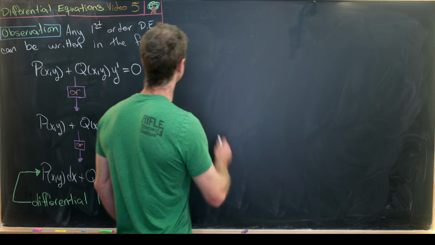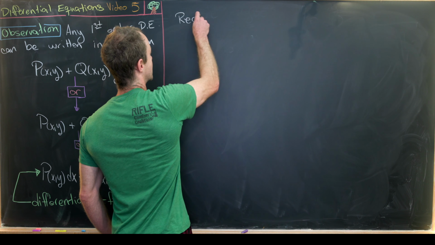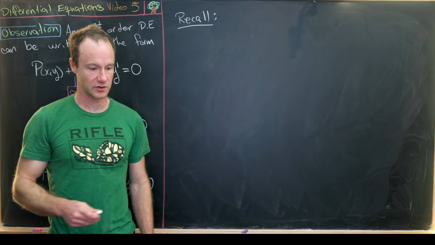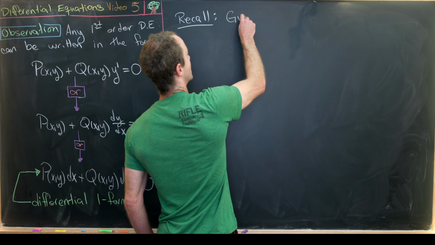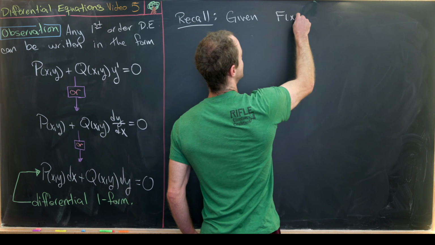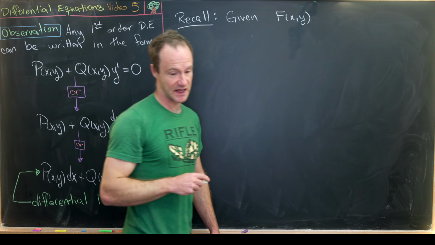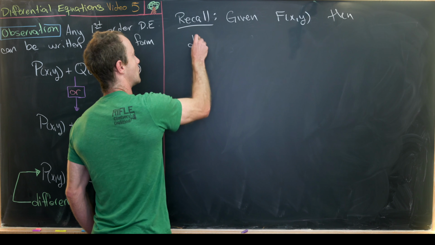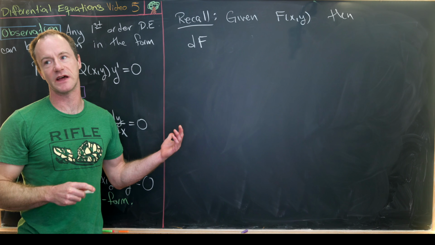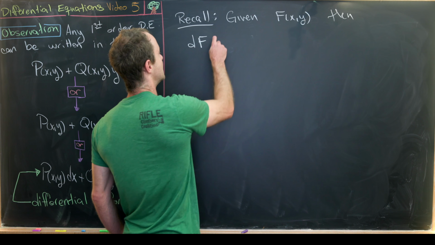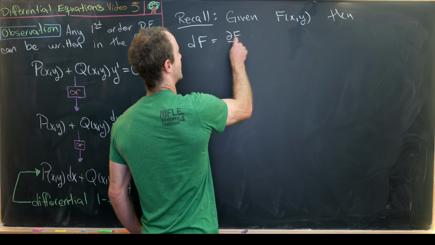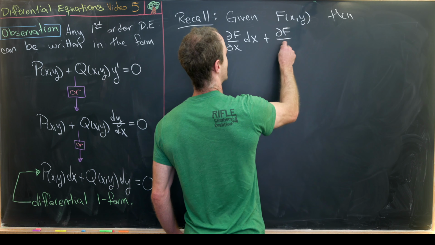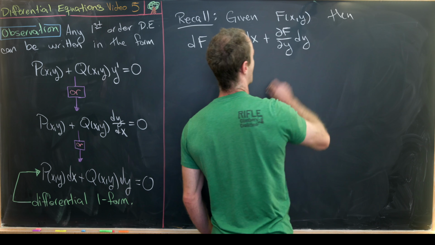Okay, so let's recall something real quick, and that is the differential of a two-variable function. Let's say that we're given some function f, which is a function of x and y, then its differential, or really this is also something known as its exterior derivative, is given by the partial of f with respect to x dx plus the partial of f with respect to y dy.